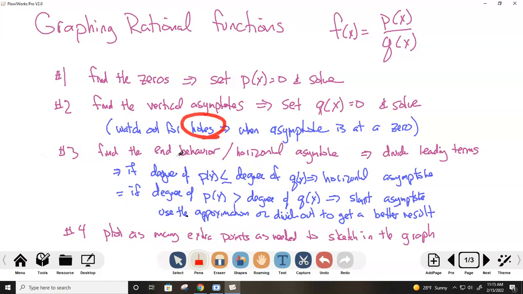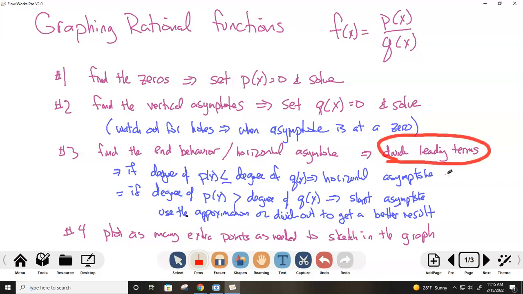Next, we're going to find the end behavior, and hopefully we have a nice horizontal asymptote. Sometimes we don't. What we do with this is we just look at the leading term, the highest degree term of the numerator, divide by the highest degree term of the denominator, and simplify it. If you get it simplified down to a number over x, it's going to go down to 0. It's going to have a horizontal asymptote.